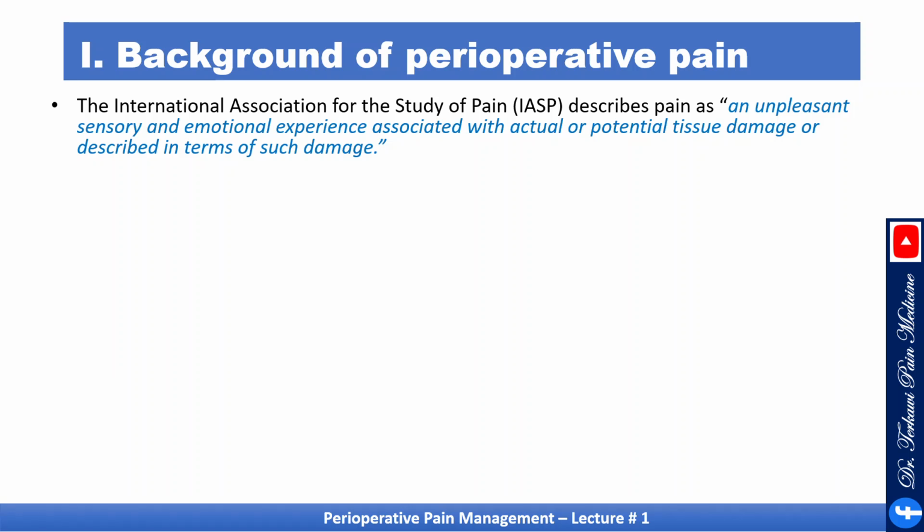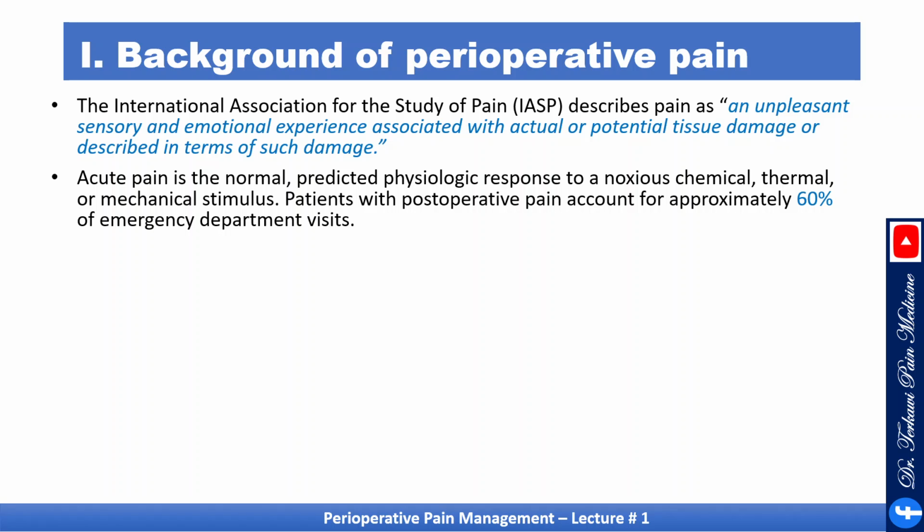The International Association for Study of Pain described pain in the most recent definition as unpleasant sensory and emotional experience associated with actual or potential tissue damage or described in terms of such damage.